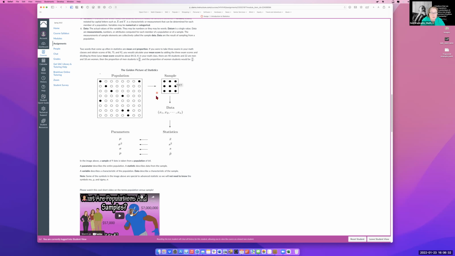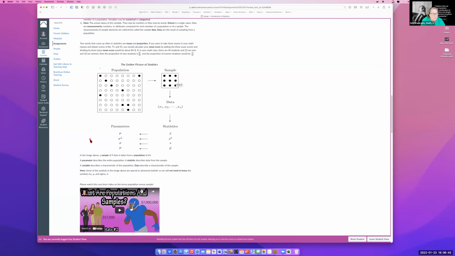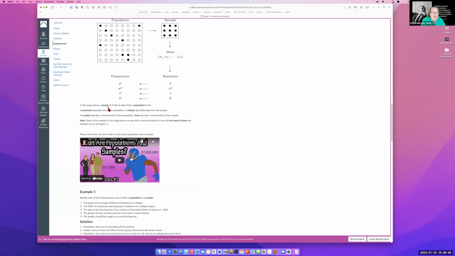You're going to take a sample, and the information you get from the sample is data, and from that data you're going to get statistics. So a sample has statistics and data. A population has parameters and variables.